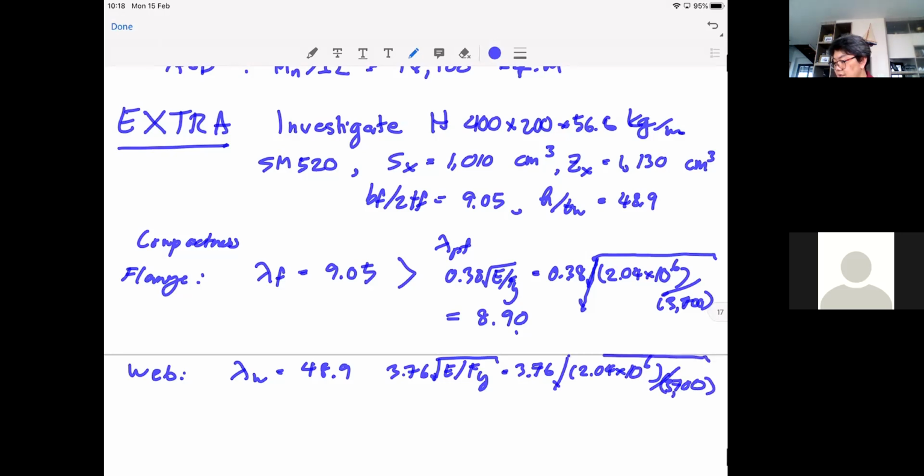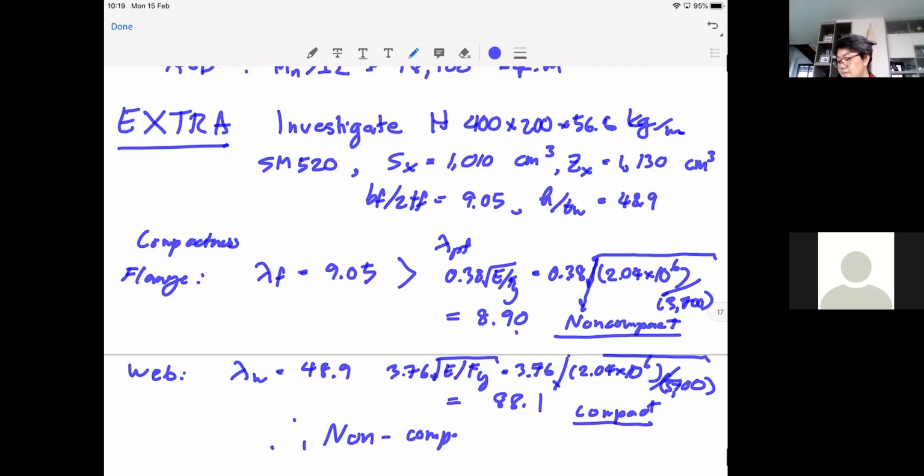Again, this is still pretty high. It's 88.1. So we can say that this is non-compact web, compact flange. So in the end, we have to conclude that this is a non-compact section, and only the flange is non-compact.